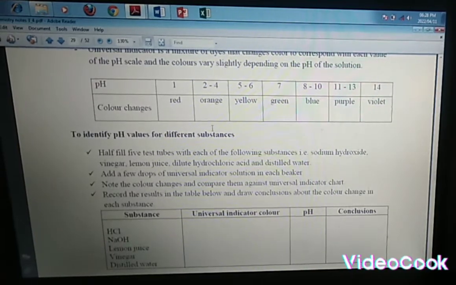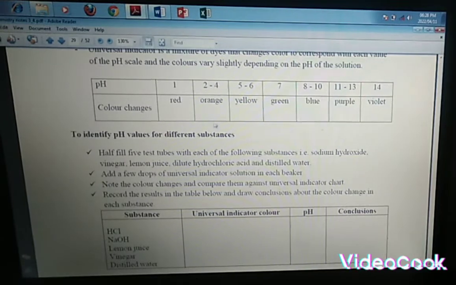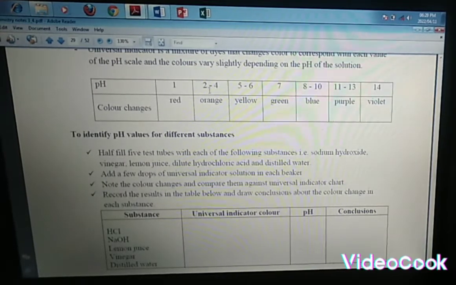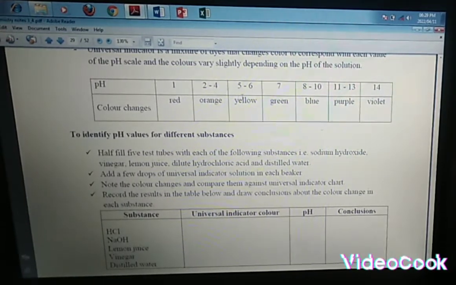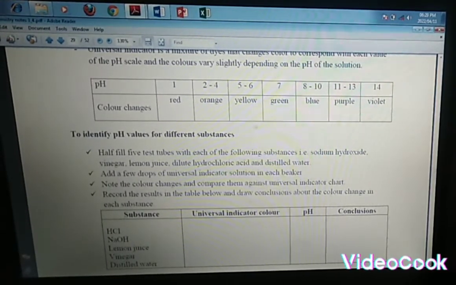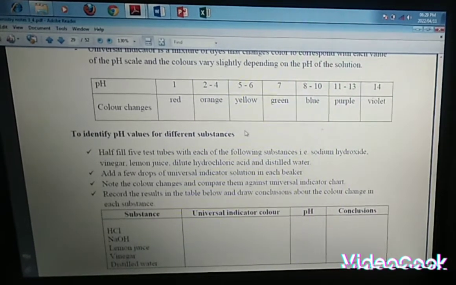Whenever you see your universal indicator turning orange, just know you've got a medium acid there, with a pH range between 2 to 4. For a pH of 5 to 6, a very weak acid, it's going to be yellow.